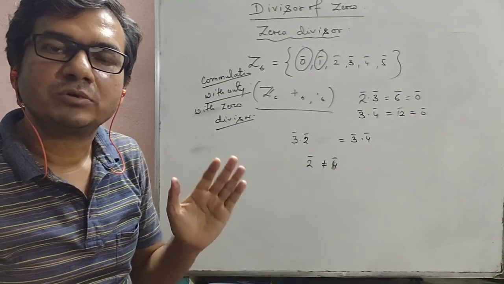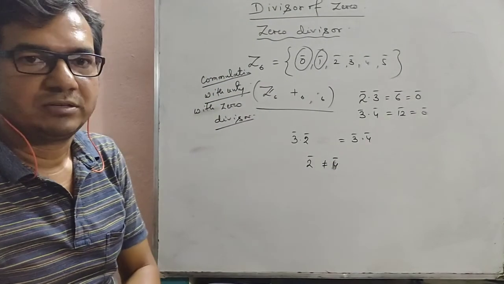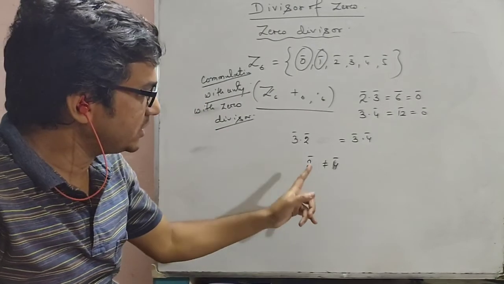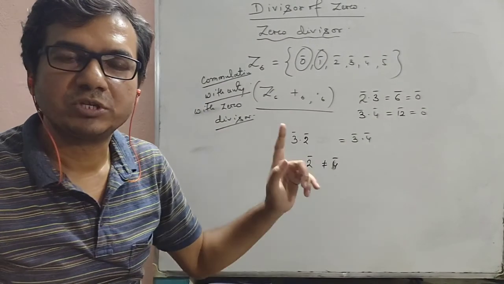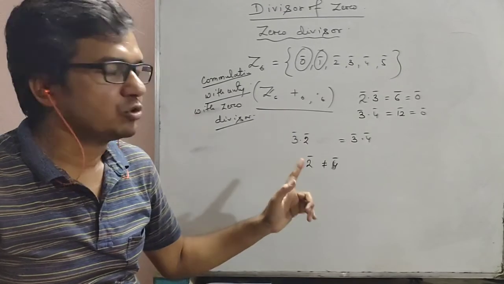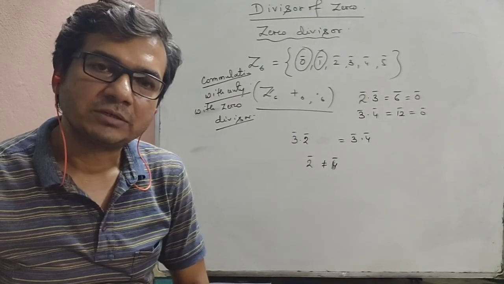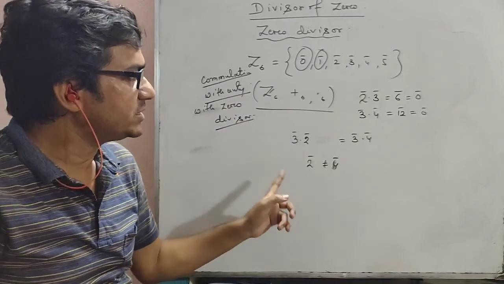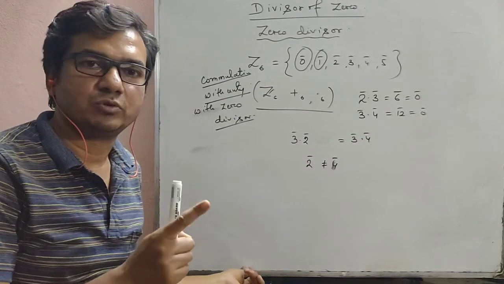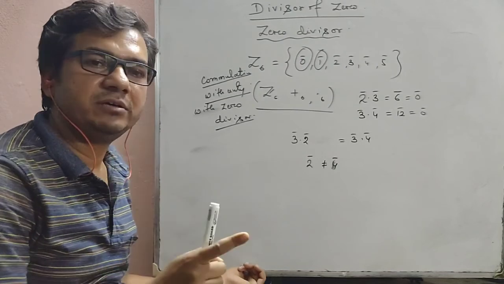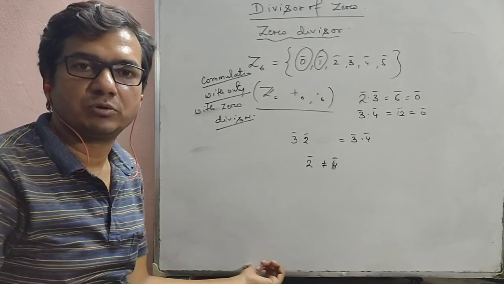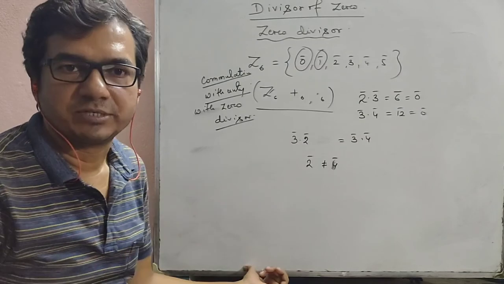So we can say in a ring with zero divisor, the cancellation law with respect to multiplication is not followed, but the cancellation law with respect to multiplication holds in a ring if the ring contains no divisor of 0, or a ring without zero divisor.